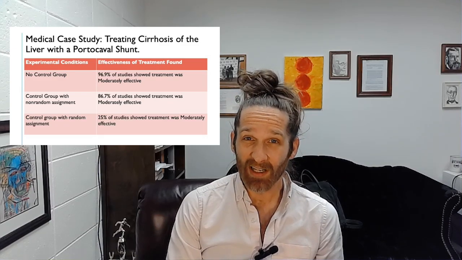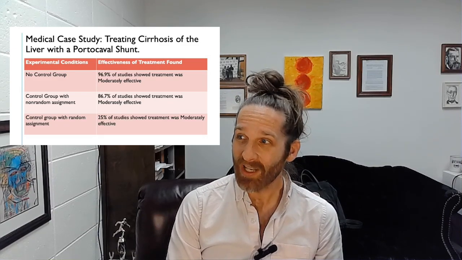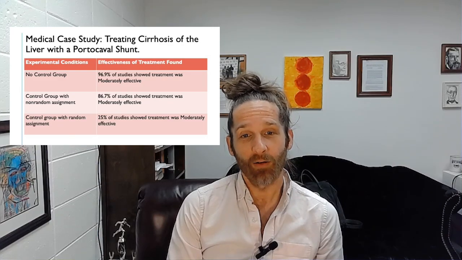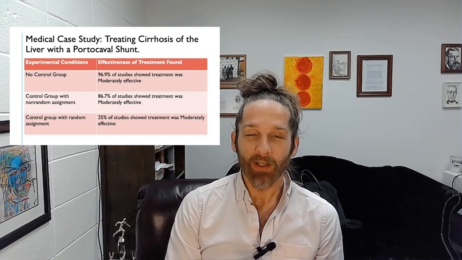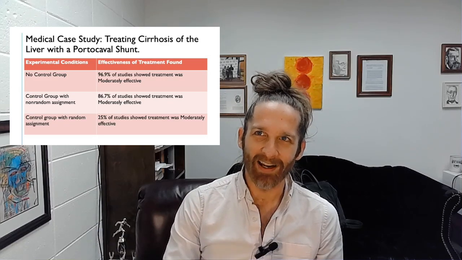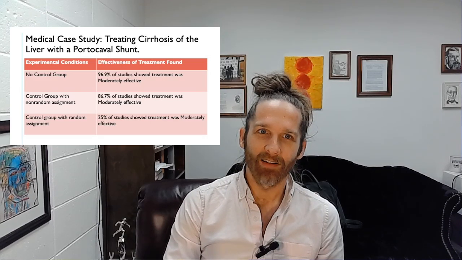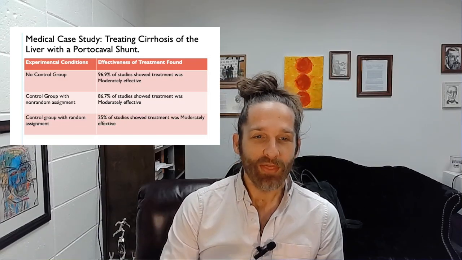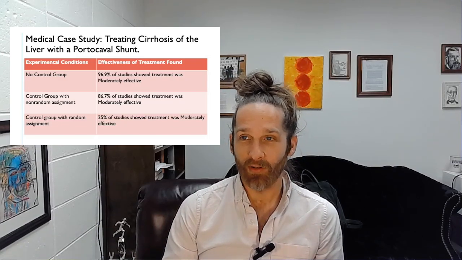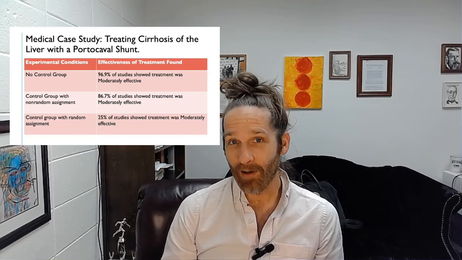Now 97% is huge. That means almost everyone who does this treatment will get better, or will get moderately better, as opposed to 25%. So 70% of the impact was not explainable by the treatment itself. That's why random assignment is so important, but it is the hardest to set up because you, as the experimenter, have to be the one in control, assigning conditions and controlling variables.